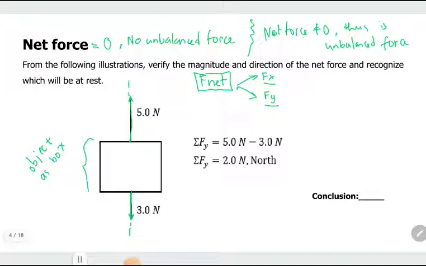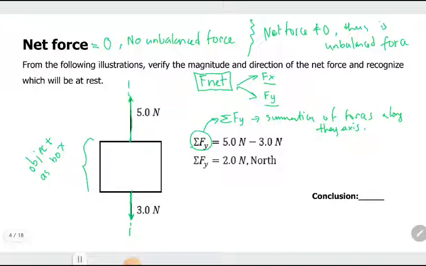So what we need to do to get the net force is to sum the forces. Here is another symbol, the symbol for summation. Summation of forces along the y-axis, that's why you have the subscript y.